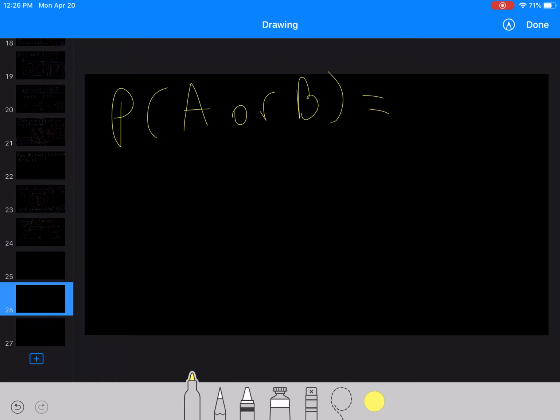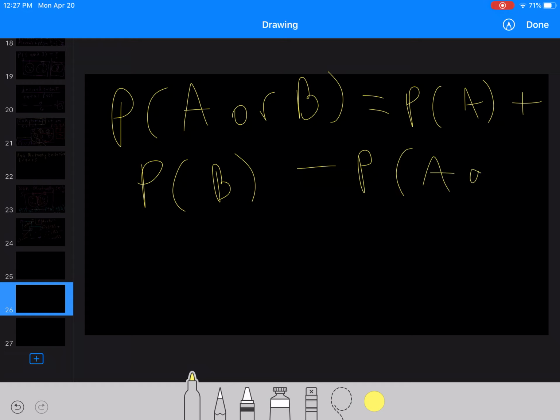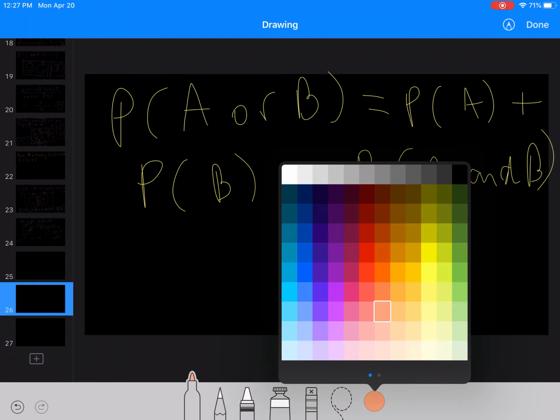The probability of A or B is just the probability of A plus the probability of B minus the probability of A and B. That's the overlap.